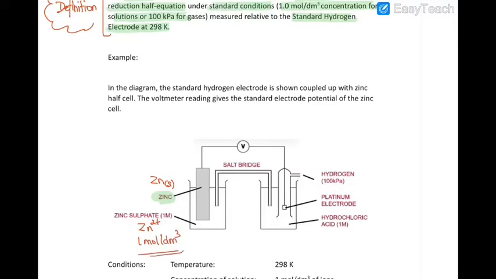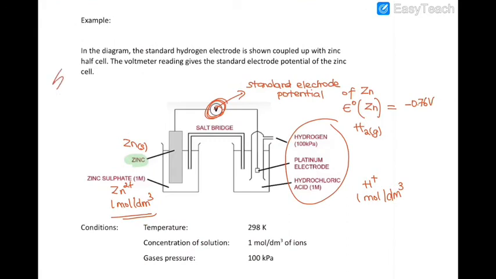You're going to connect this to the standard hydrogen electrode here, where you have hydrogen gas in equilibrium with H plus ions at 1 mole per dm cube concentration. And the voltage that you get is going to be the standard electrode potential of zinc. So this can be found as minus 0.76 volts.